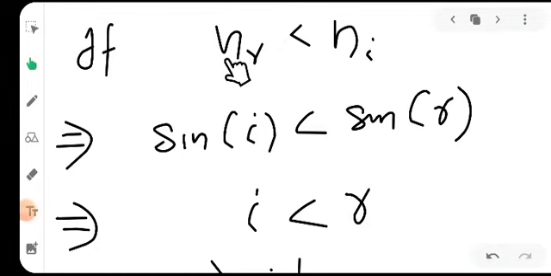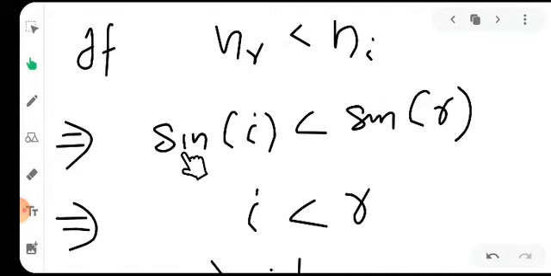And if Nr is less than Ni, that is, in the previous equation, if the numerator is less than the denominator, this would imply the numerator on the left hand side should also be less than the denominator.